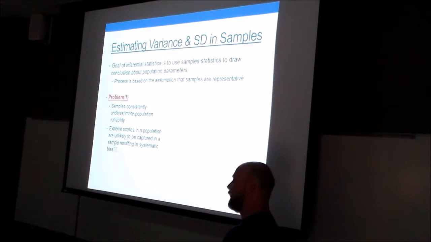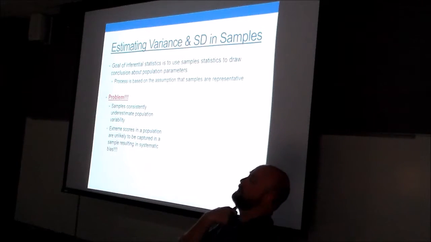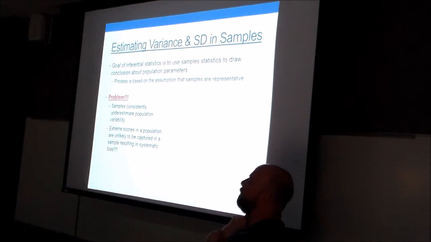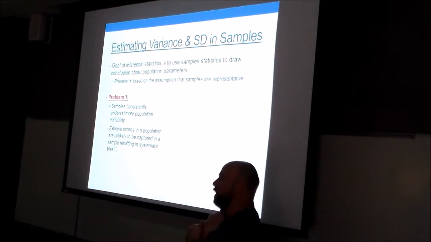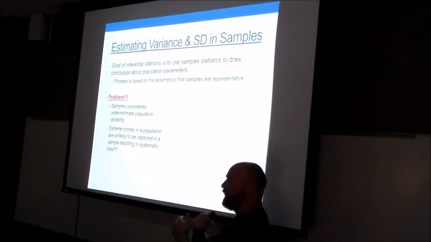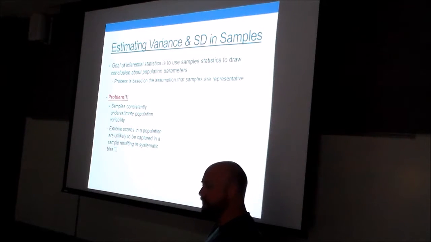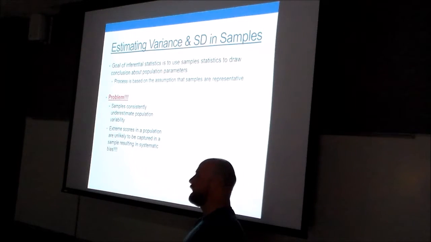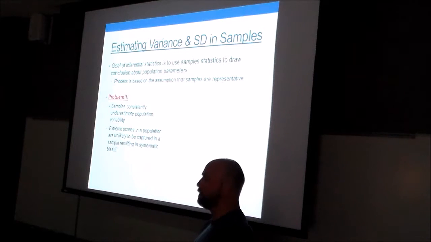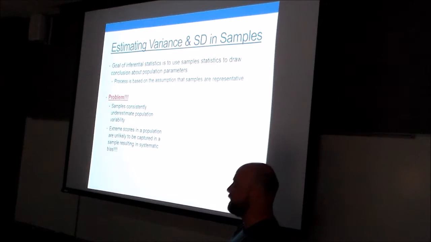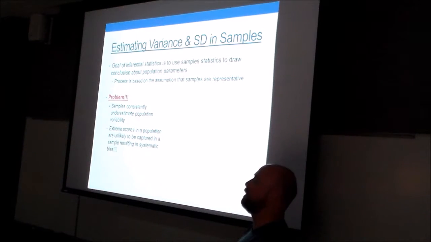Say I'm interested in variability in height among US adults, and I take a nationally representative sample, bring in 1,000 people, and calculate the variance of height based on the formula that we just went through. It will be systematically biased, as a function of the size of our sample.